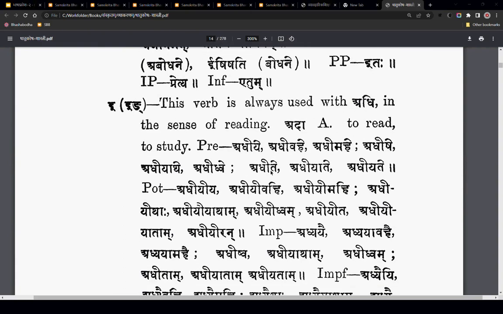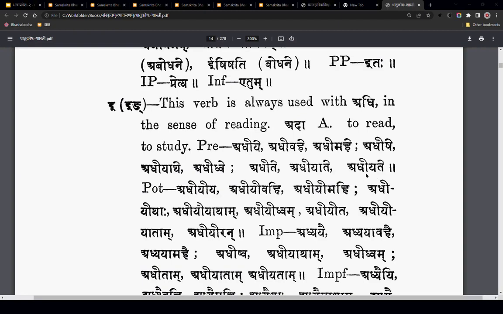It is always used with adhi, and here it takes the form adhite, adhiyate, adhiyate, because this is Atmanepadi. Here it is Adadi, Atmanepadi. Sah Ramayanam adhite. He studies the Ramayana. Okay? So tau pustake adhiyate.